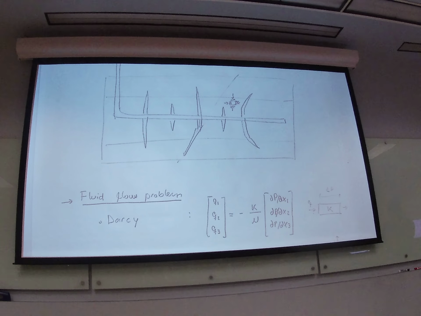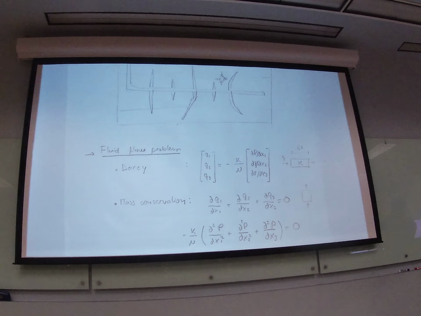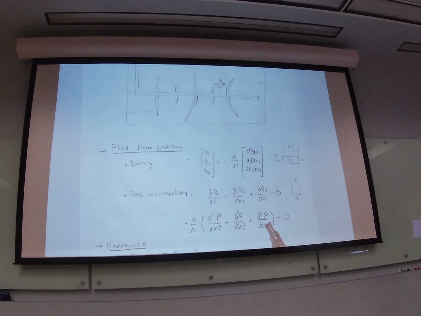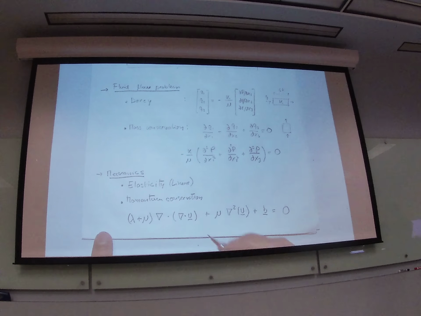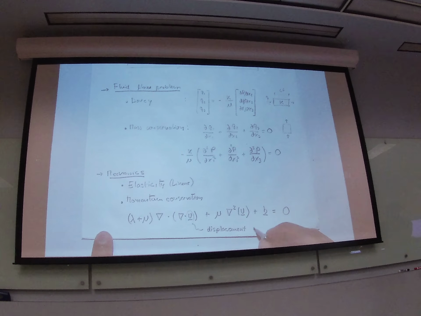So instead of getting our field of pressure, which is what you usually get as a solution in a reservoir simulation equation, now what you get is a solution for this vector u, which is unknown, a displacement vector.